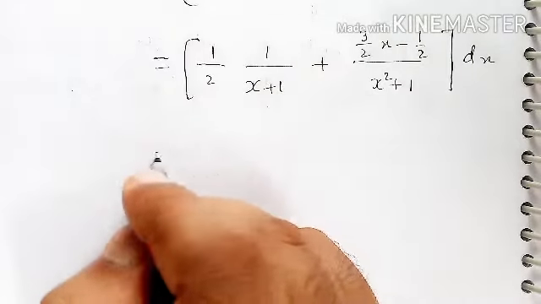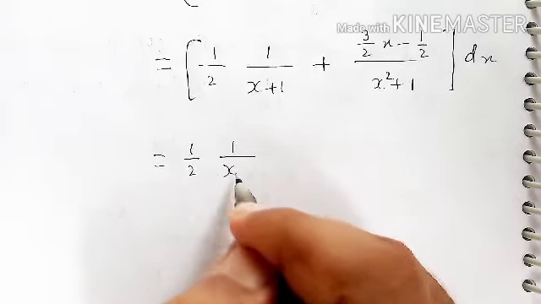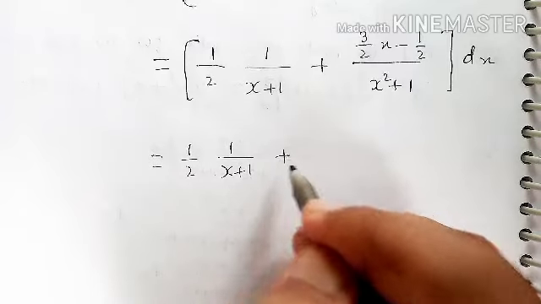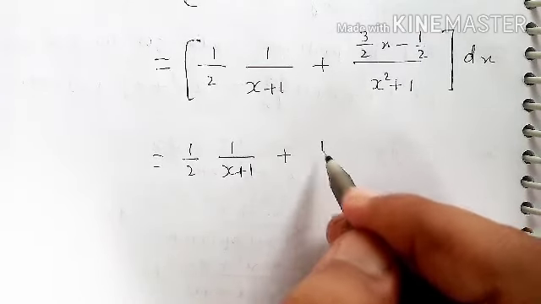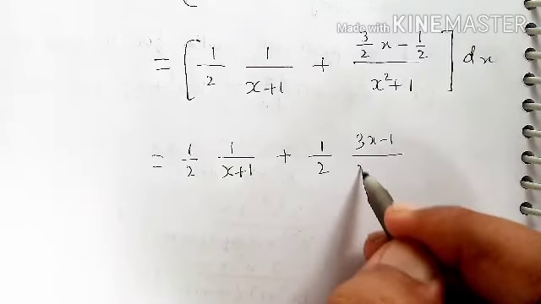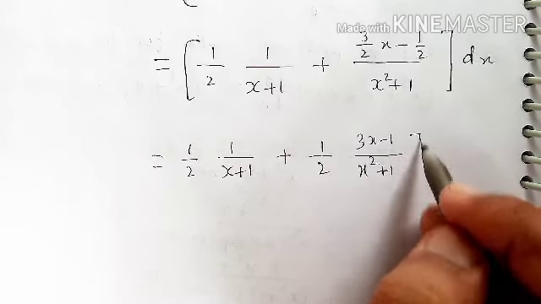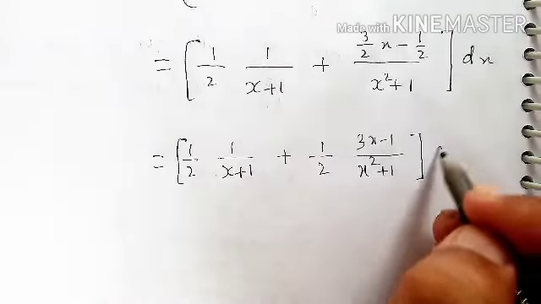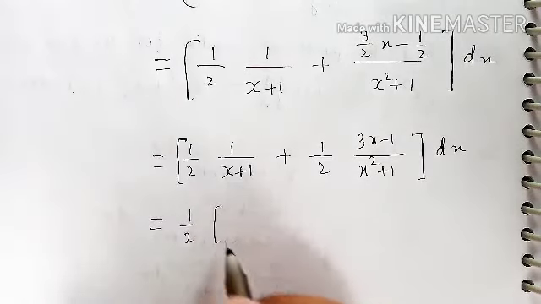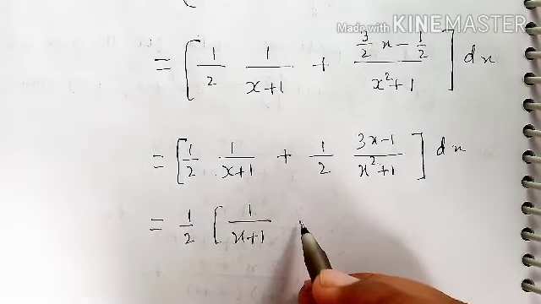We have this equal to 1/2 times 1/(x + 1), plus 1/2 times (3x - 1)/(x² + 1) dx. Now we take 1/2 common, then we have 1/(x + 1) plus (3x - 1)/(x² + 1).